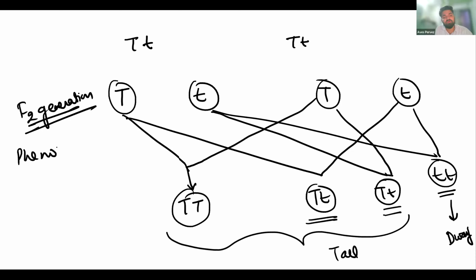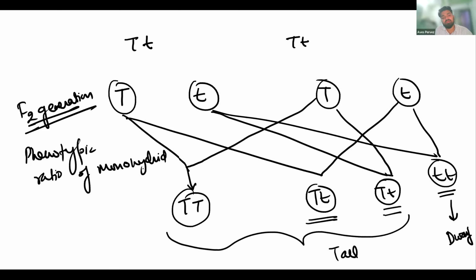This is the F2 generation, and the ratio in the F2 generation we call the phenotypic ratio. Phenotype means physical appearance. So the phenotypic ratio of the monohybrid cross in the F2 generation is 3:1, three tall and one dwarf.